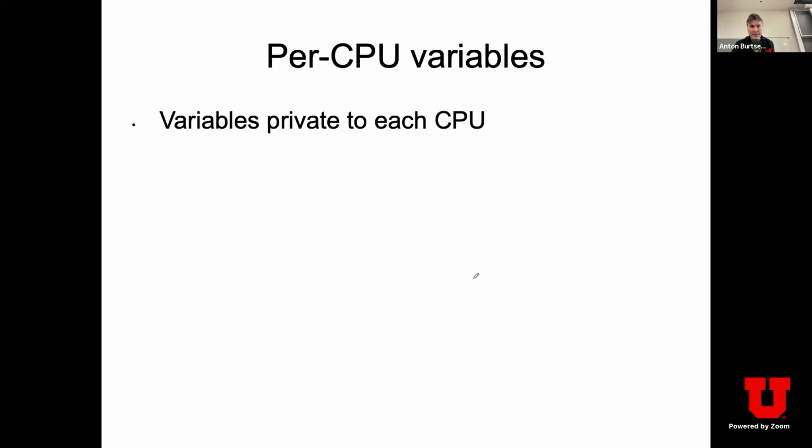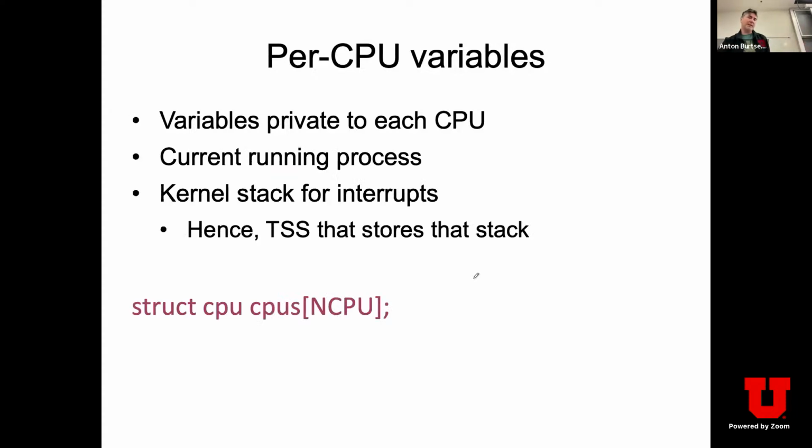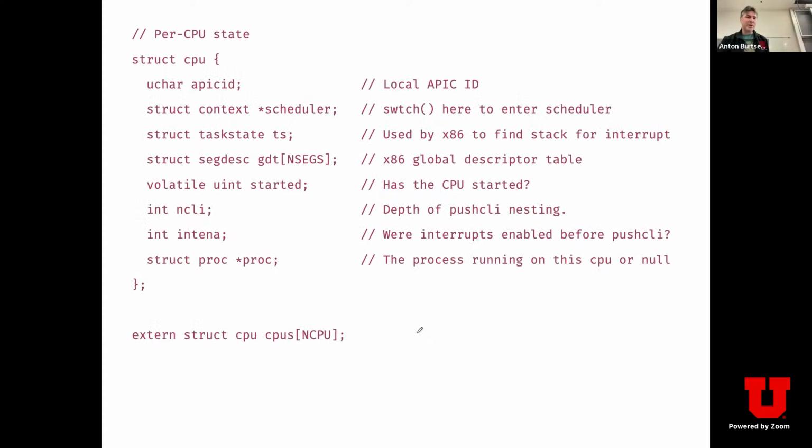Okay, cool. So we initialize the global descriptor table. There will be some other per-CPU variables, and it's not uncommon that CPUs have some private information, right? So the CPU structure has, don't get surprised, we just talked about context switching. When you context switch, each CPU runs a scheduler, and this is the pointer where the context of the scheduler is saved.